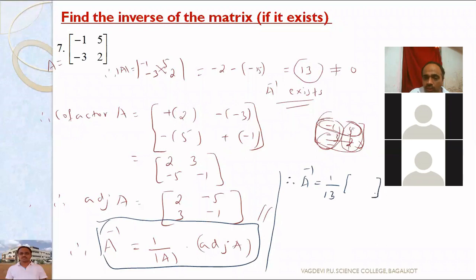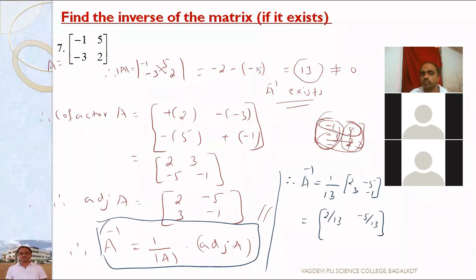So what is the adjoint? Adjoint already we calculated. 2, minus 5, 3, minus 1. You can keep as it is, or you can divide all the numbers by 13 if you want. All the elements have to be divided by 13. So 2 by 13, minus 5 by 13, minus 5 by 13.